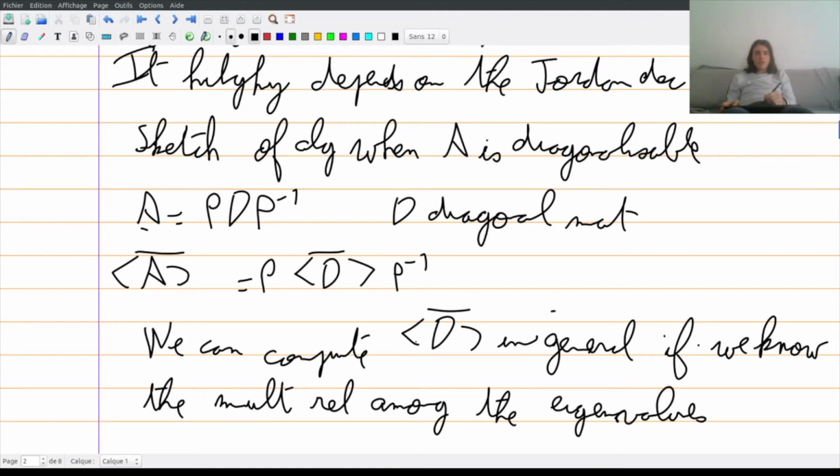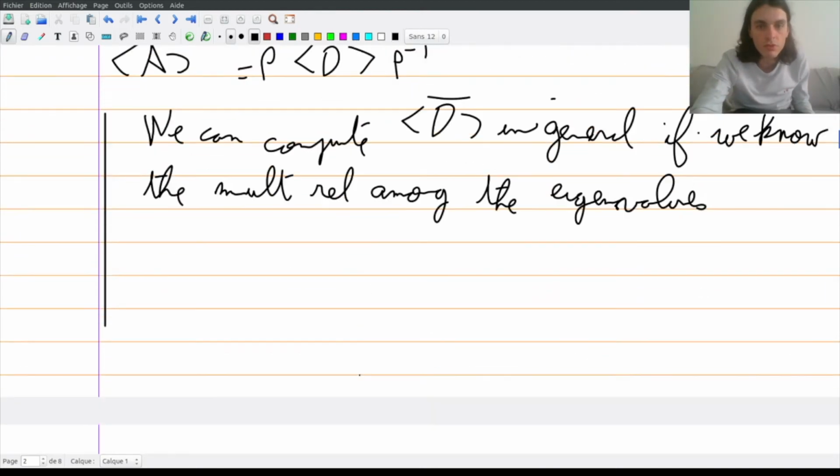So the complicated task is not to compute the group generated by D, but the Zariski closure of it, because you have to understand what is the smallest group. But you will see that in some cases it can be done.